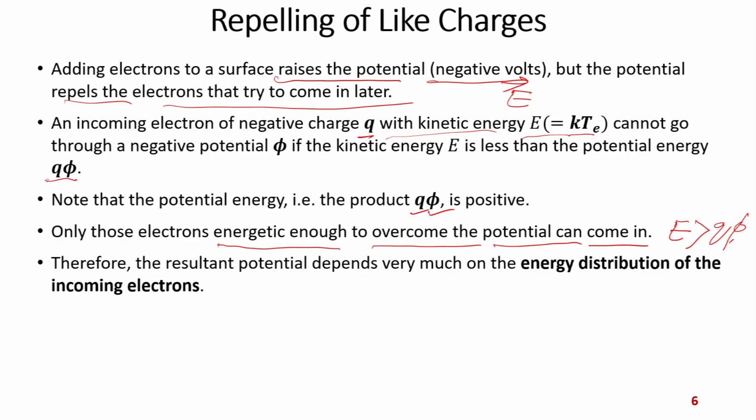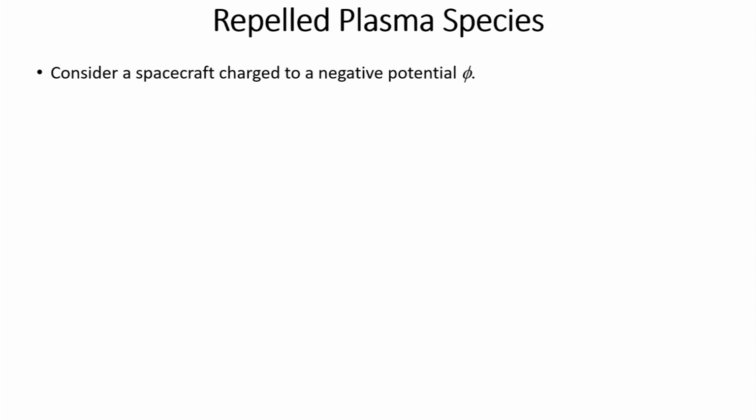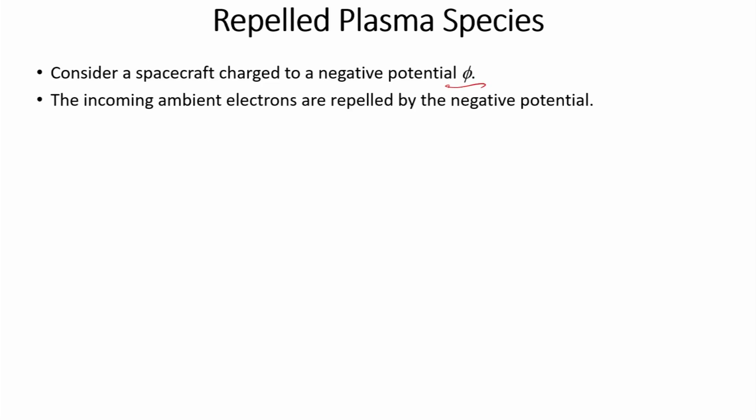Therefore, the resultant potential depends very much on the energy distribution of the incoming electrons. That is how we represent the energy distribution, so we will use the Boltzmann-Maxwell distribution function here. Let us consider the spacecraft is charged to a negative potential phi. So the incoming ambient electrons will be repelled by the negative potential.